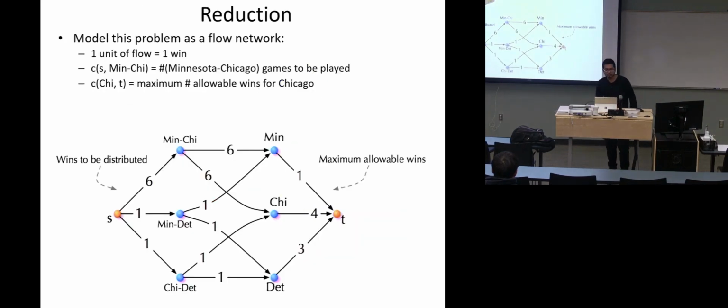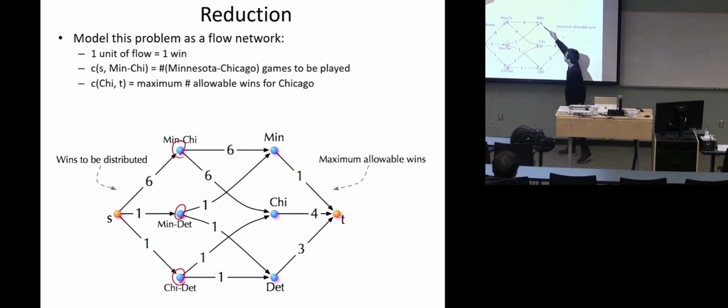So you see, because each of the remaining matches looks like the source of wins, what I do is I just connect the super source to all of the remaining matches. Okay, this is like a pair of teams. This is each of the remaining matches.